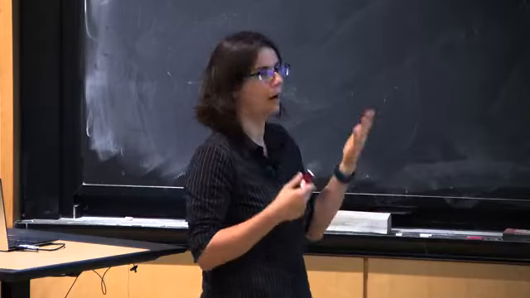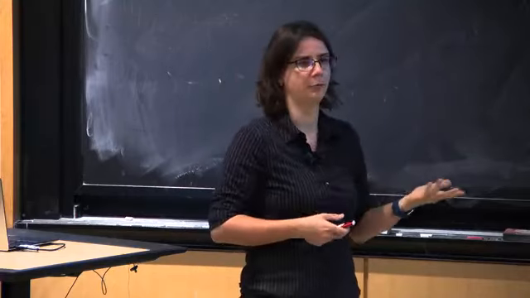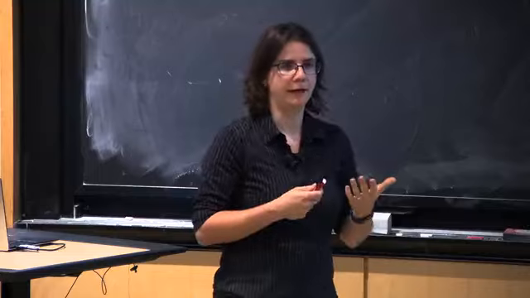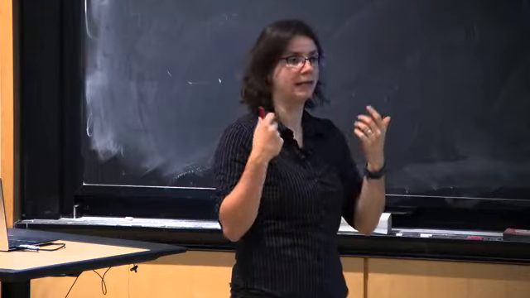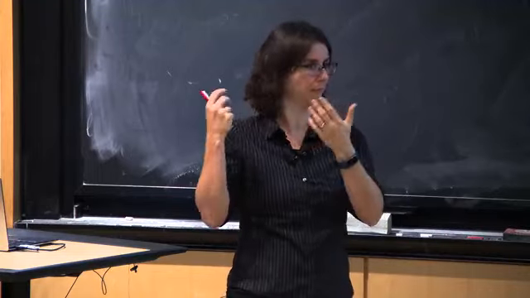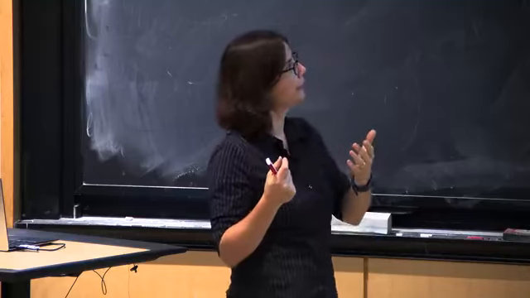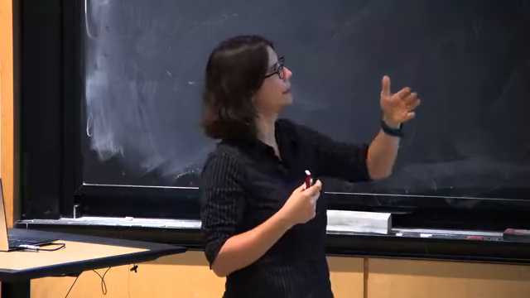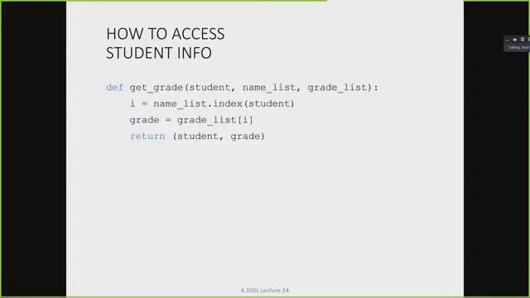How do we actually grab the letter grade associated with a student? Well, we're going to use the fact that the letter grade for the student at index i in the grades list is going to be grabbing the letter grade for the student at that same index in the name list. Okay, so we have to figure out this particular student being passed in here, what index they're at in the names list.